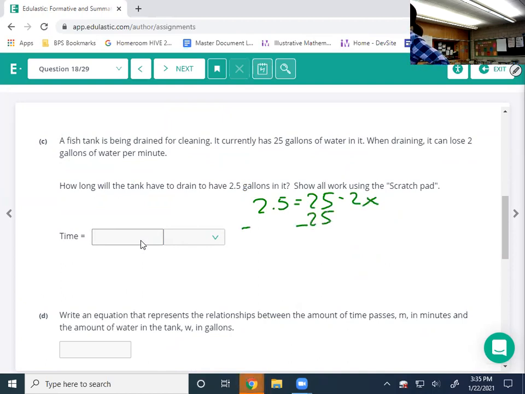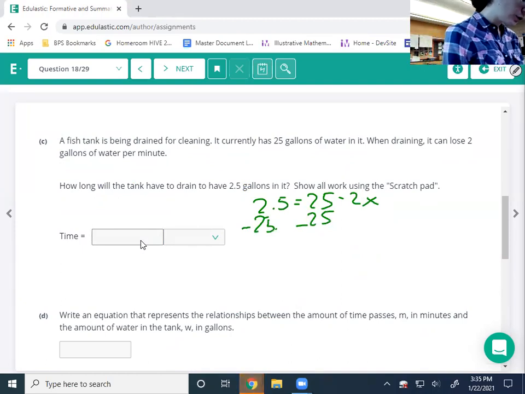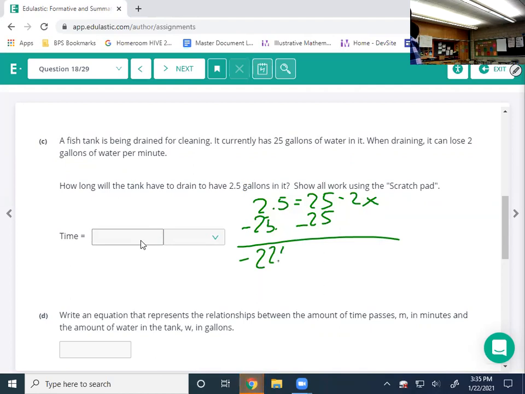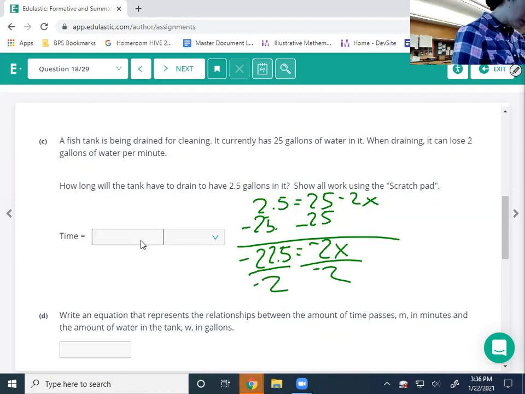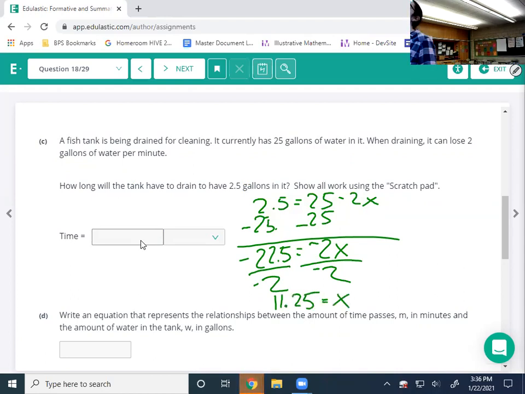Subtract 25. So 2.5 minus 25 is going to get me negative 22.5 is equal to negative 2x. Divide by negative 2, divide by negative 2. 11.25 is equal to x, 11.25 minutes.